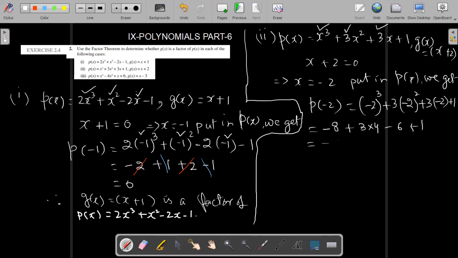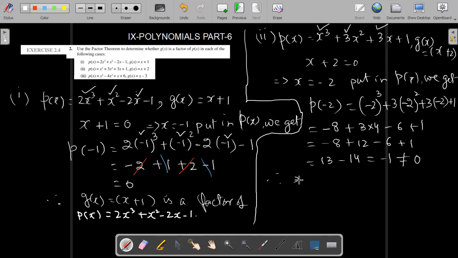Now minus 8 plus 12 minus 6 plus 1. So plus 12 plus 1 is 13, and 8 plus 6 is minus 14. So we are getting minus 1, which is not equal to 0.